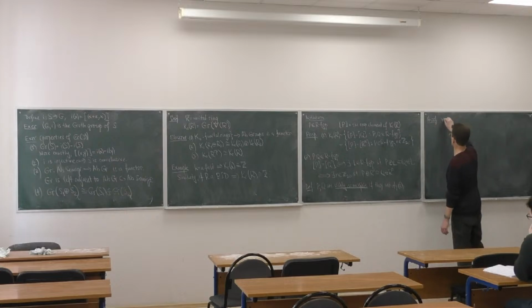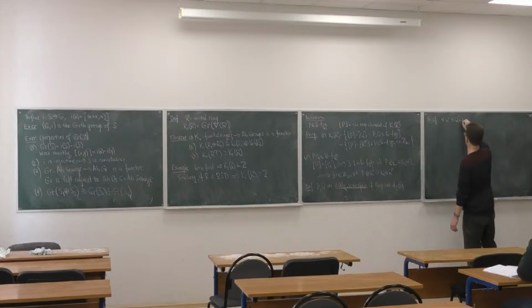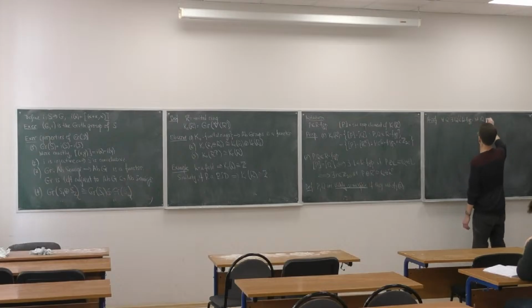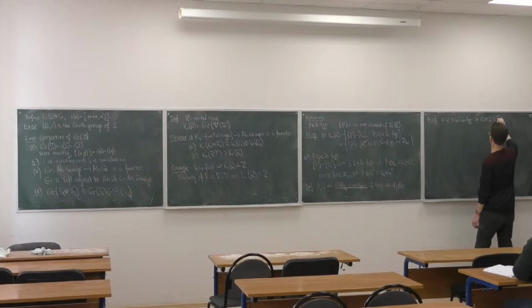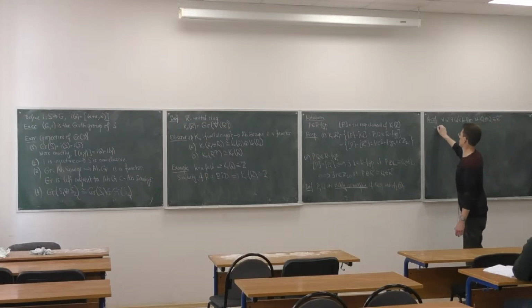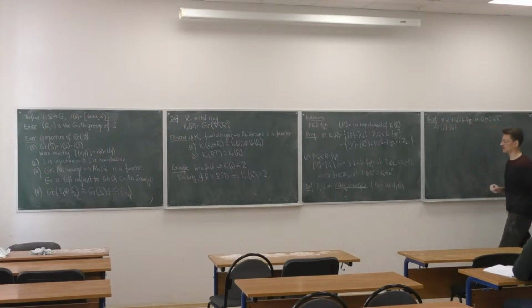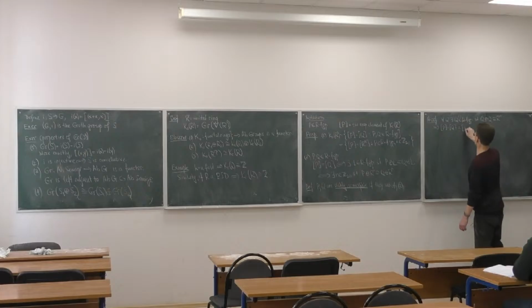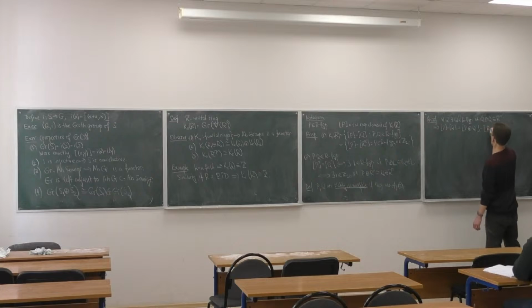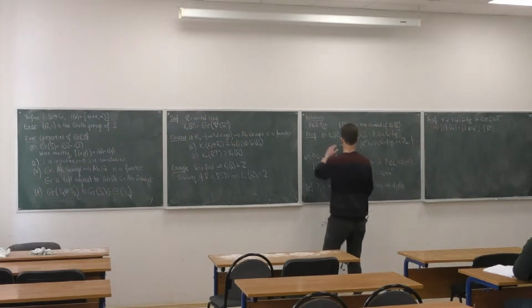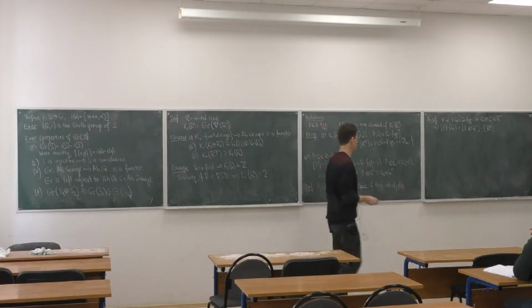So for every Q, we can find another finitely generated projective module Q prime, such that Q plus Q prime is isomorphic to R^n for a suitable n. And so we see that the element P minus Q can be replaced by the following one, P plus Q prime minus R^n. And this proves part 1. And the same argument works in part 2.